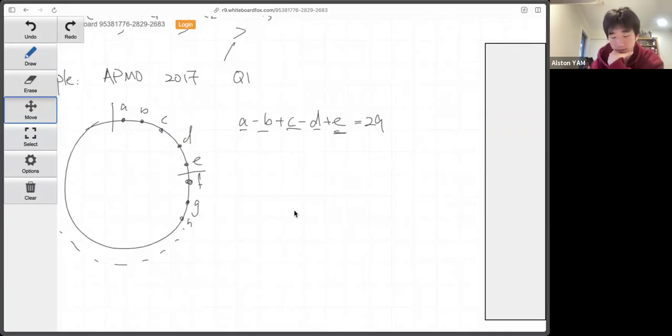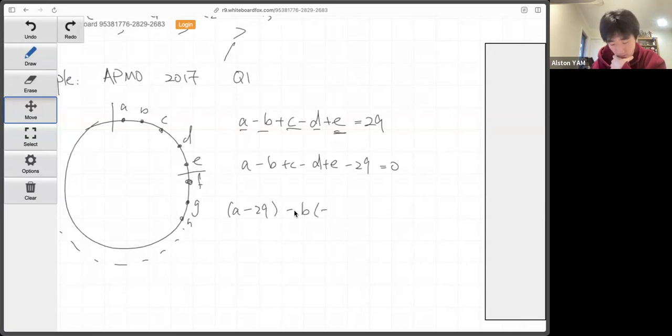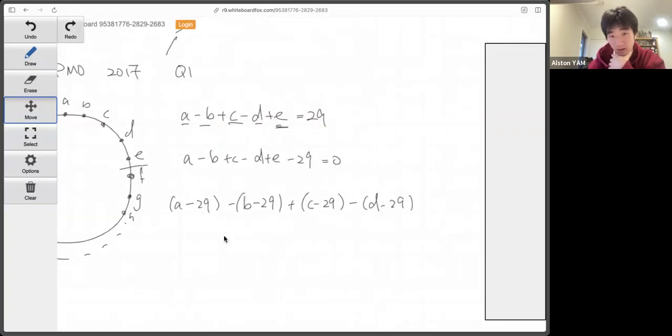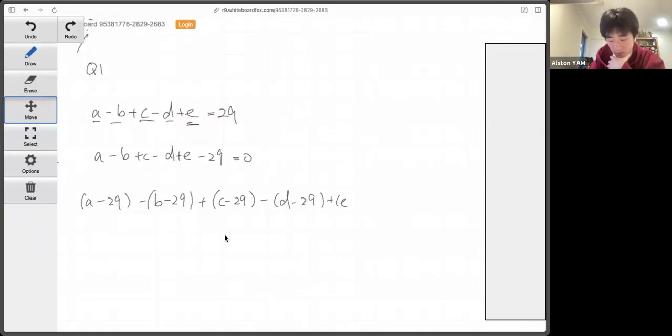So we're going to be doing just that, right? I'm going to do a bit of manipulation first. If I change this to A minus B plus C minus D plus E, and I move the 29 over, so that's equal to 0, I can actually go like this: A minus 29, B minus 29, C minus 29, D minus 29 and E minus 29, with the alternating signs, equal to 0.